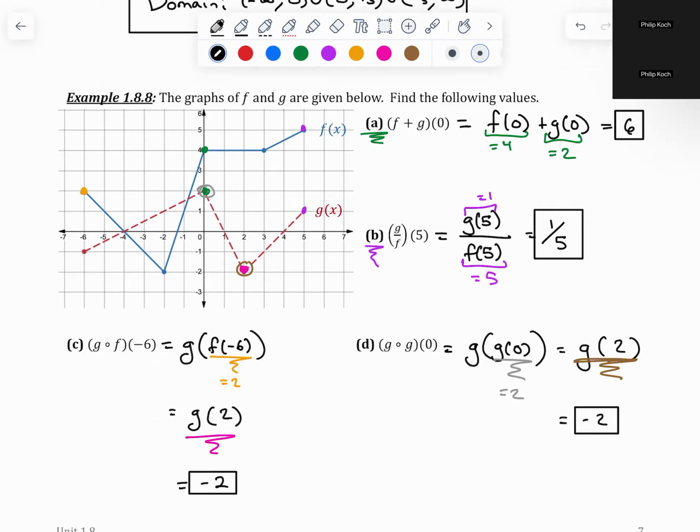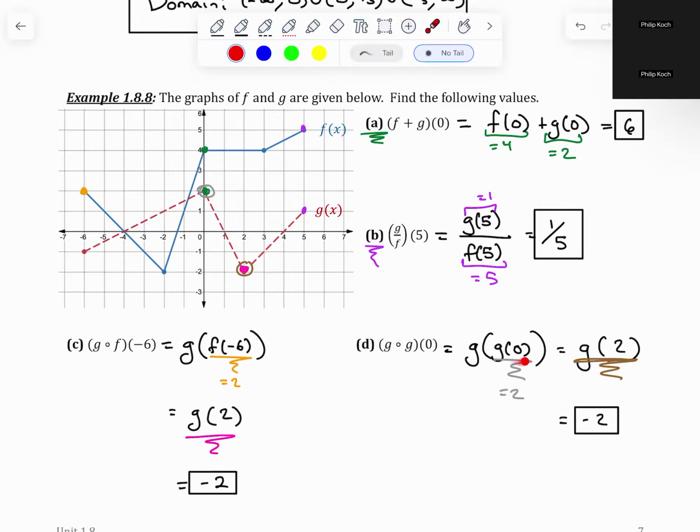They mean function notation. So when you compose it, it's g of this quantity. So g of 0, this is not g times 0, this is g of 0. So we're looking for the y value of g when x is 0. When x is 0, the y value of g is 2.